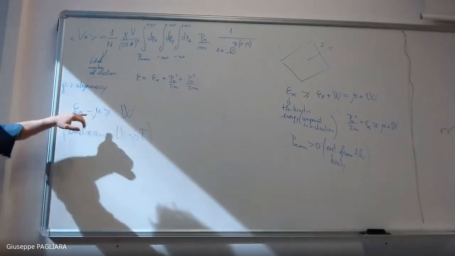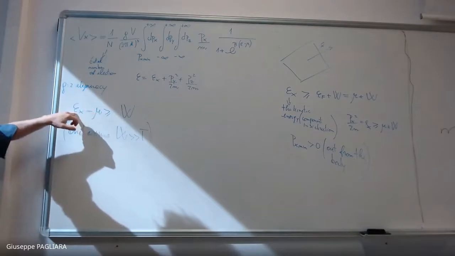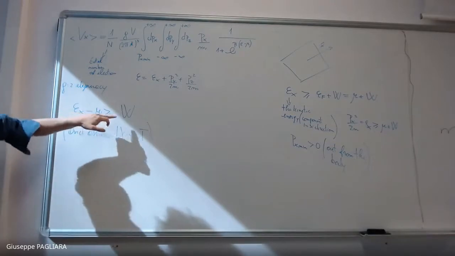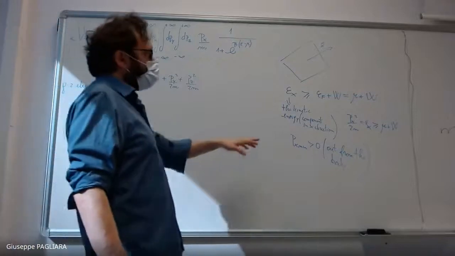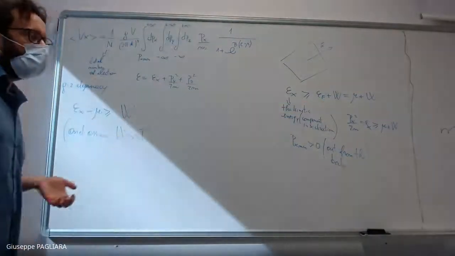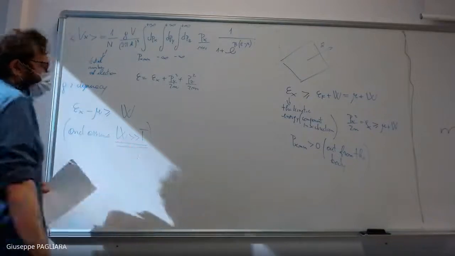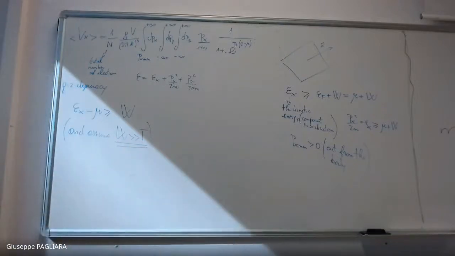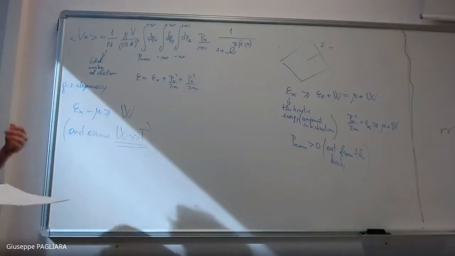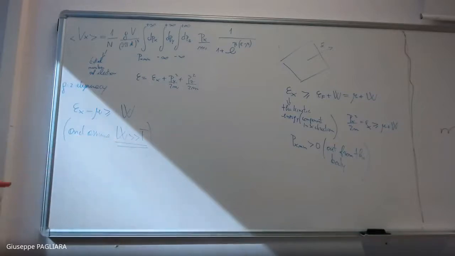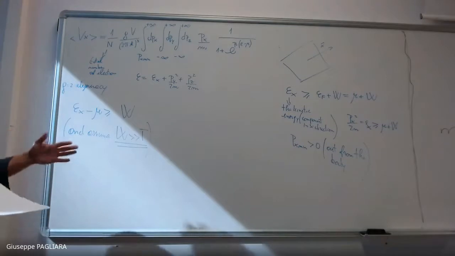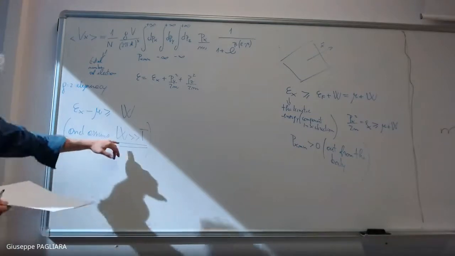This condition corresponds to the fact that the kinetic energy must be larger than mu plus W, as we wrote here, in order to make the electrons free. And we are assuming that the work function is much larger than the temperature, which is a reasonable assumption in the sense that at room temperature, electrons are bound in our metal, and I have to provide heat in order to release these electrons. So I can assume this.